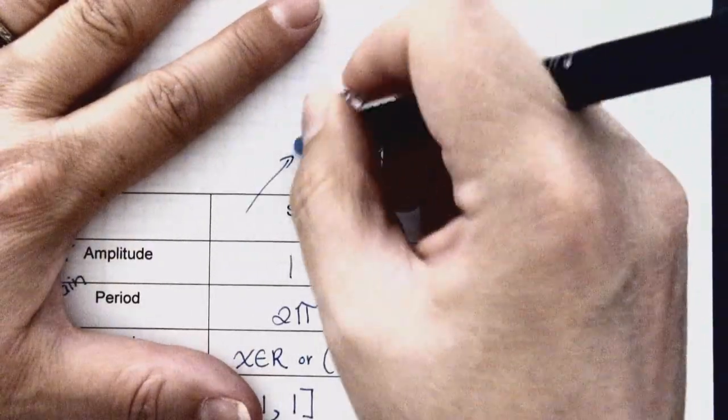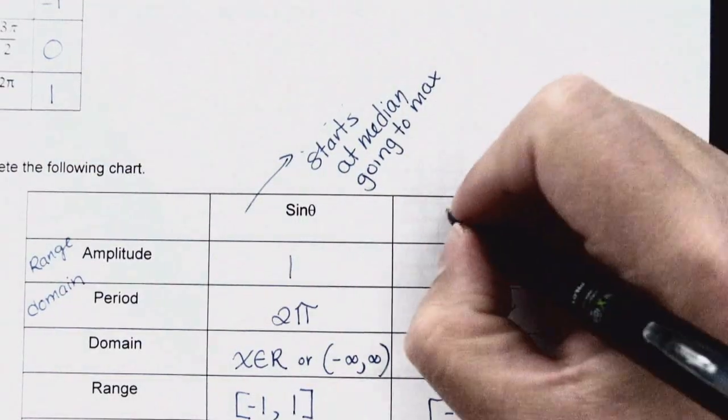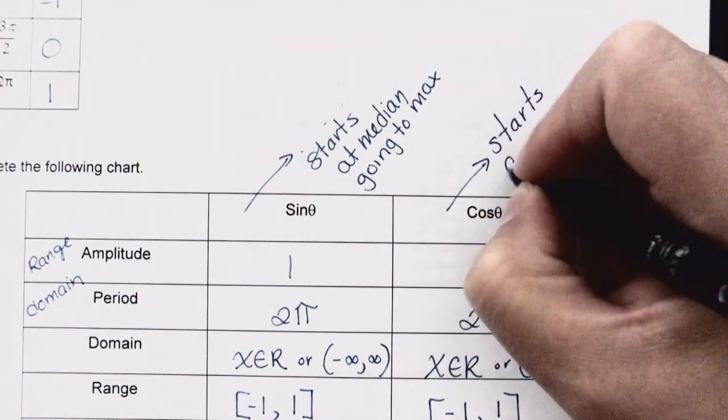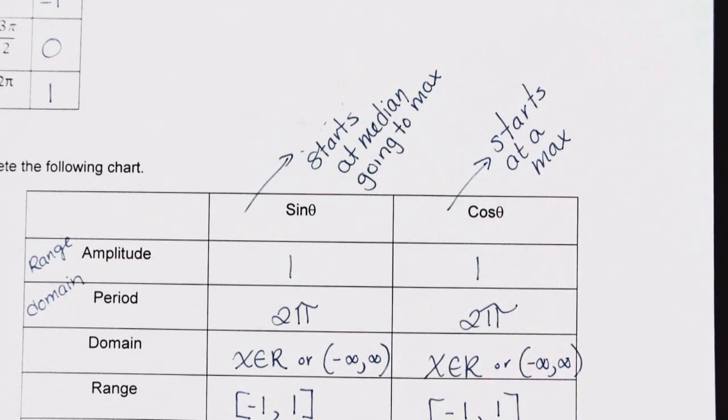I'm going to get rid of the word always, because as soon as we do a reflection on it, that's going to screw that up. And a cosine graph starts at a max. Always is a strong word.